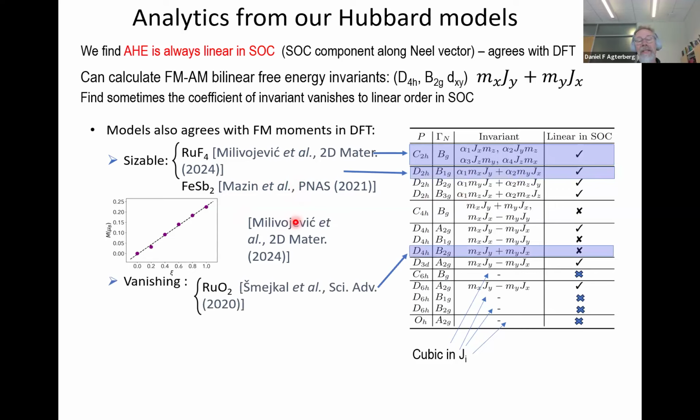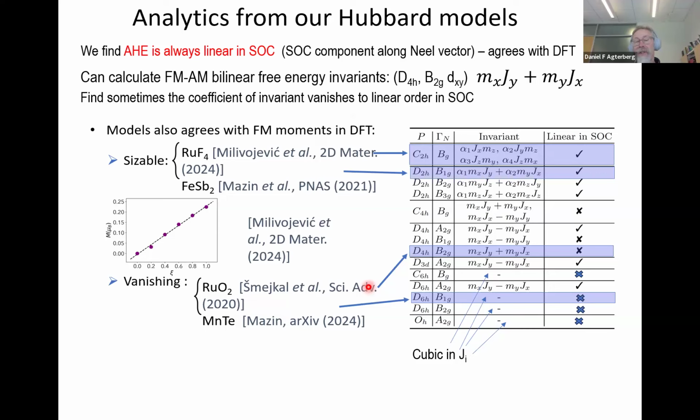And we can go back to this classic paper from 2020 on ruthenium dioxide, where they show the anomalous Hall effect is large, but if you look closely at their paper, you can also see that the ferromagnetic spin moment is vanishing. And so what we find is that this is also true in MnTe. So what we find generically is that our model results reproduce all the DFT results.